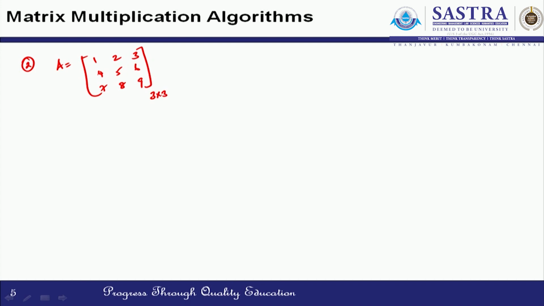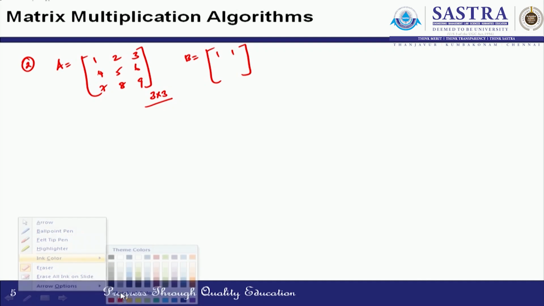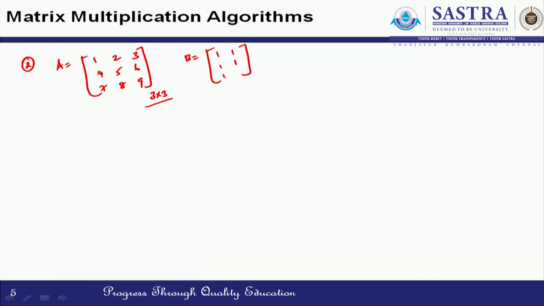And B is of order, say, 3 by 2, that is 3 rows and 2 columns, with all entries 1.